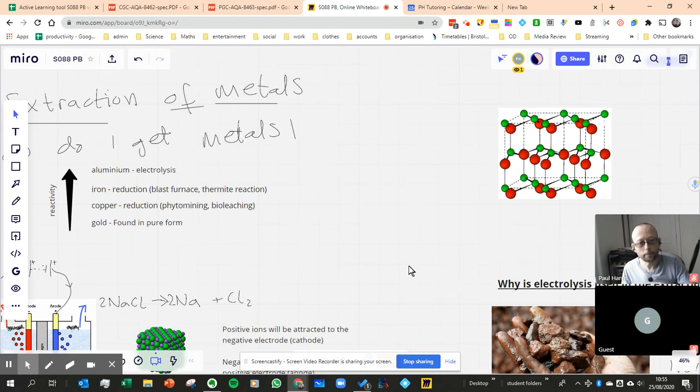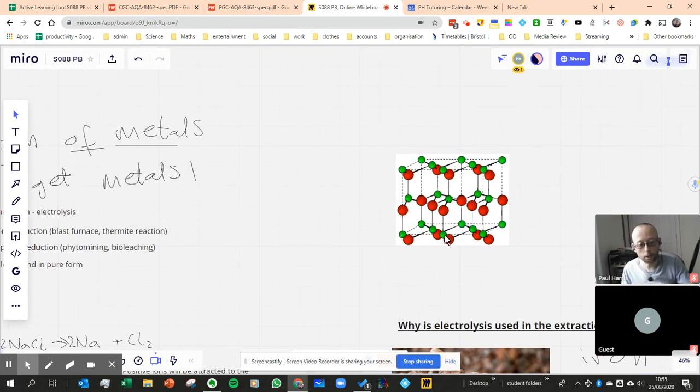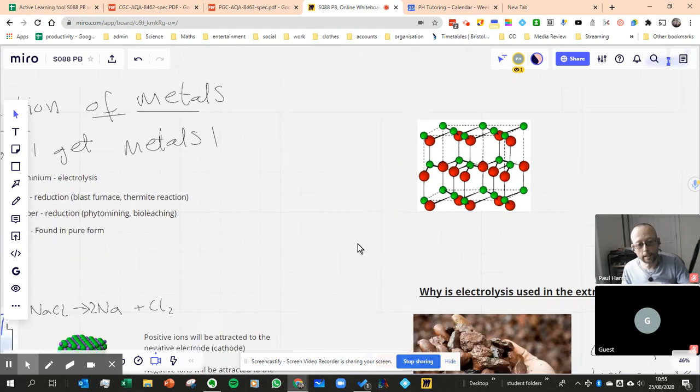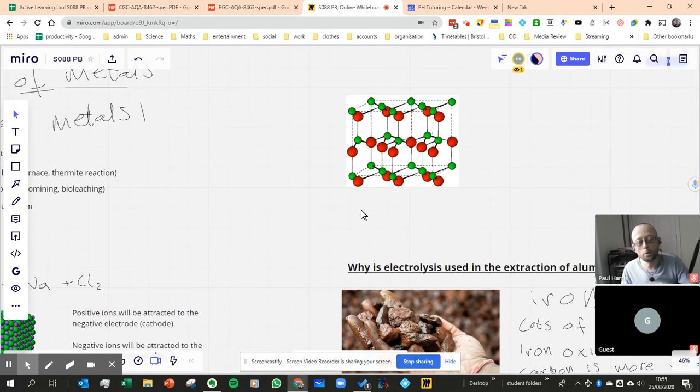a rough idea. So looking at ionic, this is the actual structure of aluminium oxide. The reason why it's slightly more complicated than sodium chloride is because sodium chloride is 1-to-1, which means for every sodium ion there is one chloride ion, whereas aluminium oxide is 2-to-3.